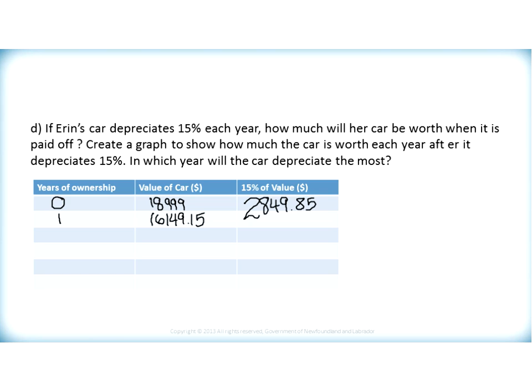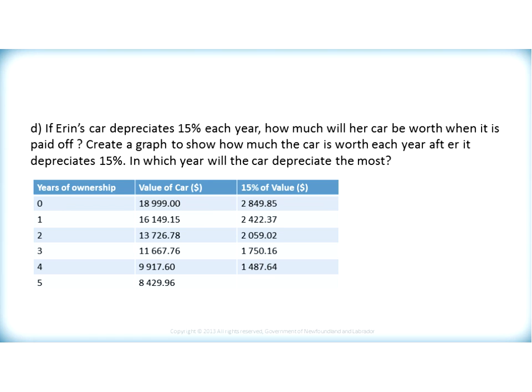Okay, and we continue to do this for the rest of the years. So we multiply our new value of our car by 0.15 and find out what is left over. And I've got that finished off here in a nicer little table.